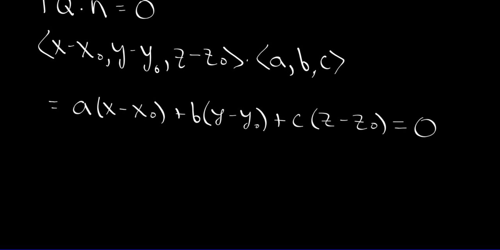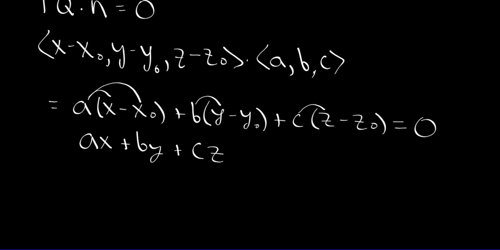And we know that that dot product equals 0. Now, I don't want to leave it like this. I want to liberate the x, y, and z. So I get ax plus by plus cz. And notice you can easily identify the components of the normal vector, A, B, and C.